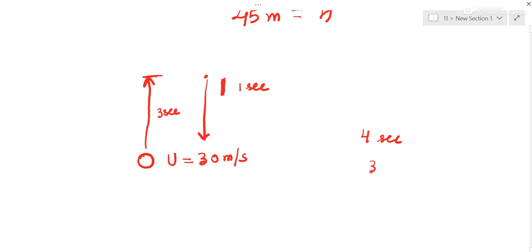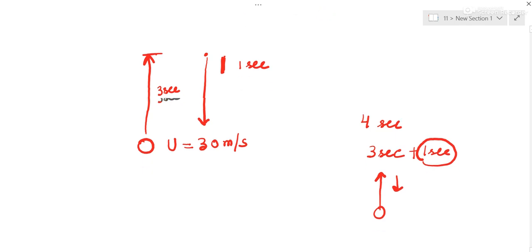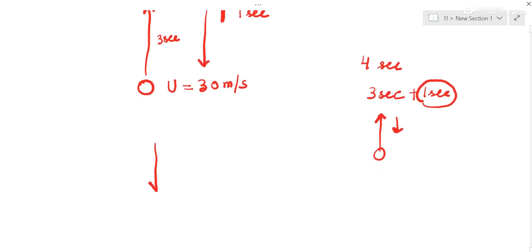We have to tell the position after 4 seconds. 4 seconds can be split up as 3 seconds plus 1. In 3, it just reaches the highest point. Now it is coming down for this remaining 1 second. So find out the position for 1 second while falling down. While falling down, it's a different case. While falling down, u is 0, correct. a is 10, falling down, positive a.